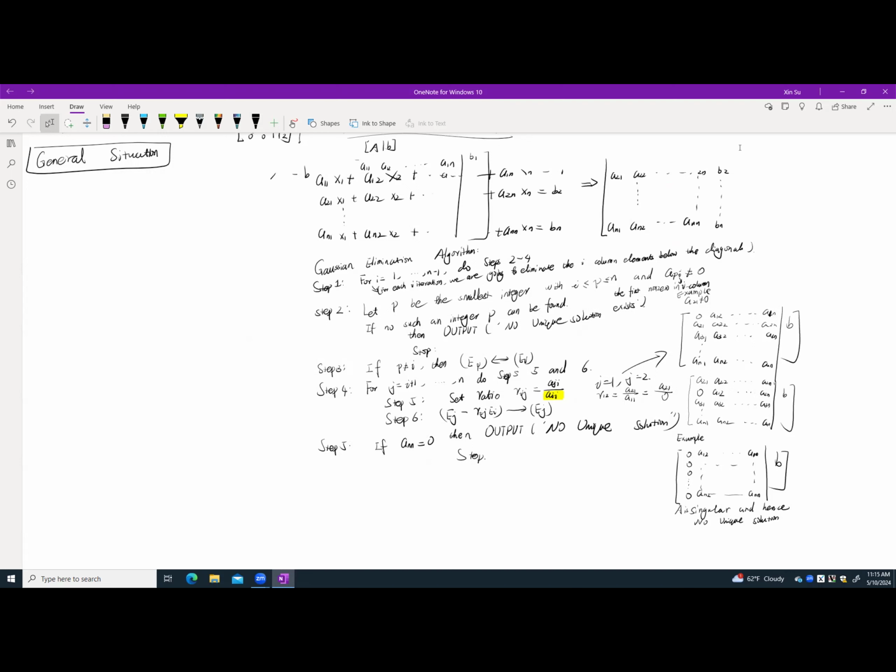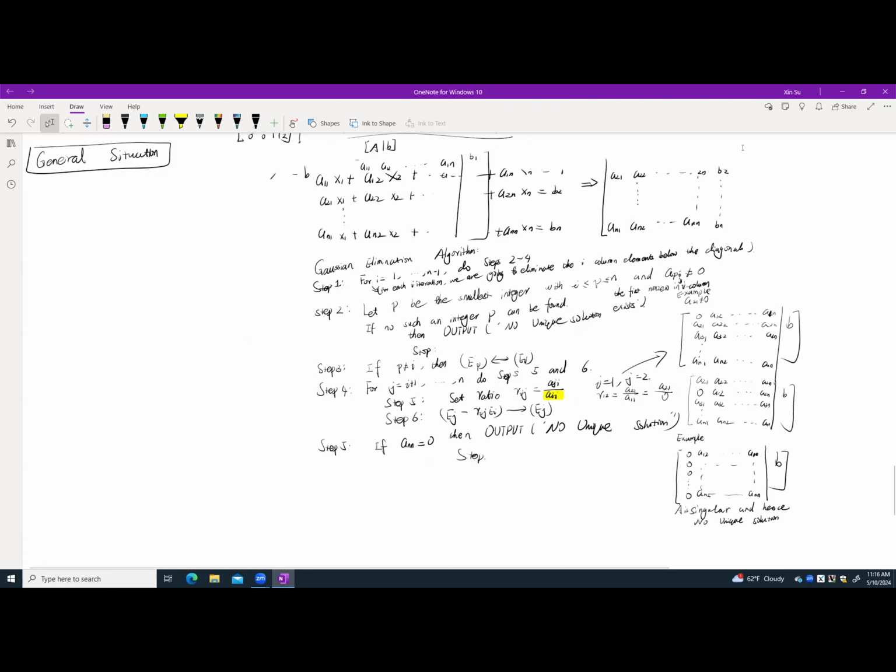We need n minus i, because we did n minus i iterations in this step 4, and then n minus i plus 1. This is for the division, and this is for the multiplication, and this is for the subtractions.